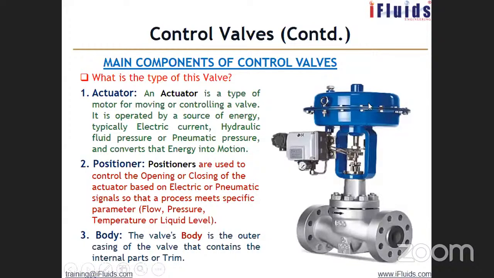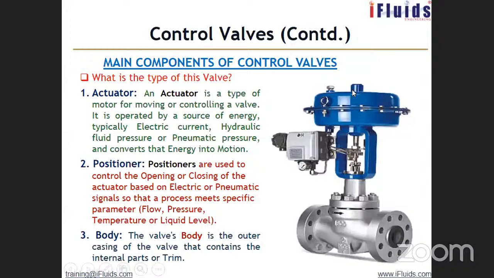This is the actuator, which is the part responsible for regulating and adjusting the valve position. This is called the valve positioner. It will control the opening and closing of the actuator based on electric or pneumatic signals, so the process meets the specific parameter: flow, pressure, temperature, or liquid level. This is the valve body.